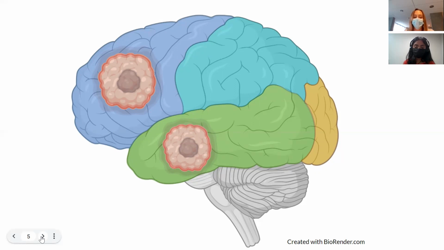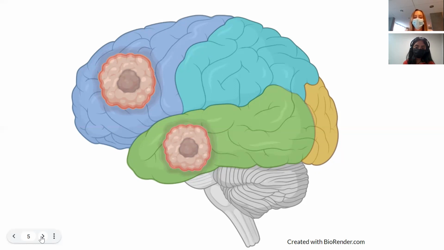So a tumor in this area might produce symptoms like visual changes, maybe blurry vision. It could cause mood swings, sleep disruptions. Maybe you have trouble falling asleep at night all of a sudden, or you can't stop falling asleep during the day. Changes in appetite, and this could go from eating way, way more than normal to hardly eating at all.